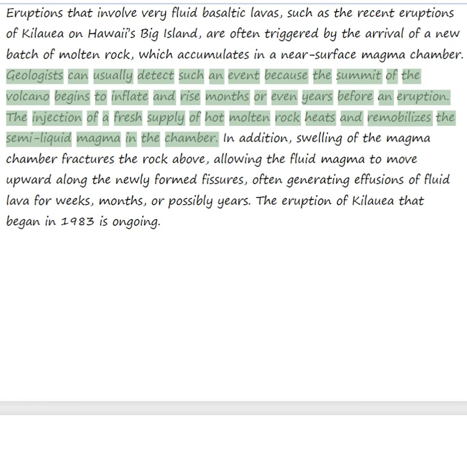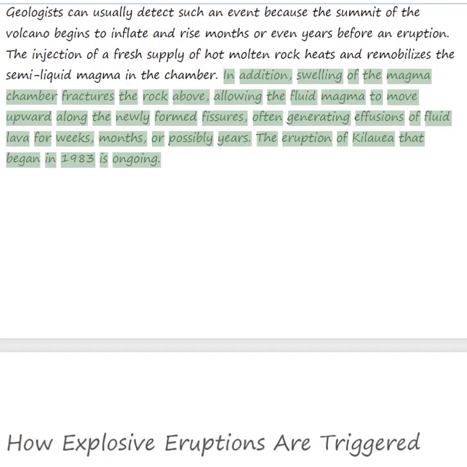The injection of a fresh supply of hot molten rock heats and remobilizes the semi-liquid magma in the chamber. In addition, swelling of the magma chamber fractures the rock above, allowing the fluid magma to move upward along the newly formed fissures, often generating effusions of fluid lava for weeks, months, or possibly years. The eruption of Kilauea that began in 1983 is ongoing.